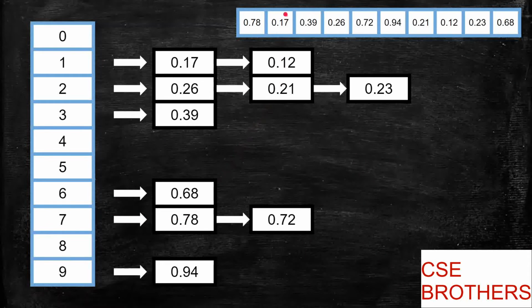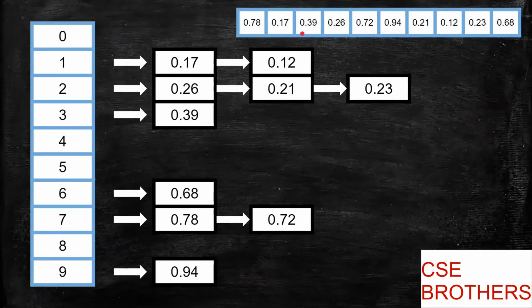For the second element, 0.17, 0.17 into 10 is 1.7, and the floor of 1.7 is 1. So in bucket number 1 we insert 0.17.